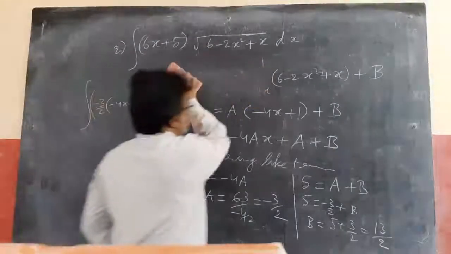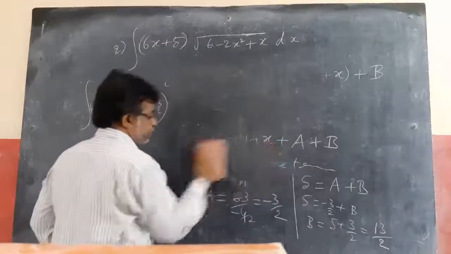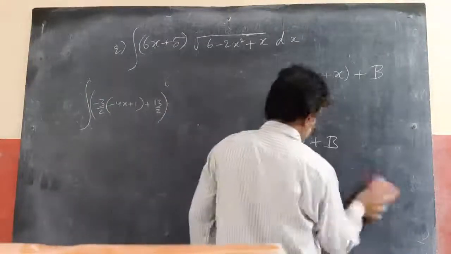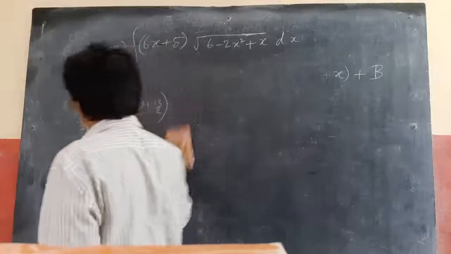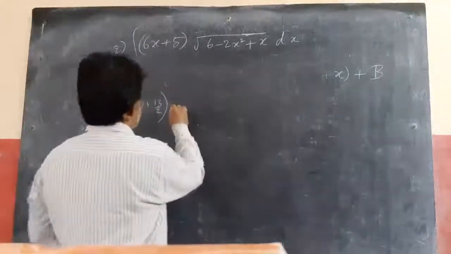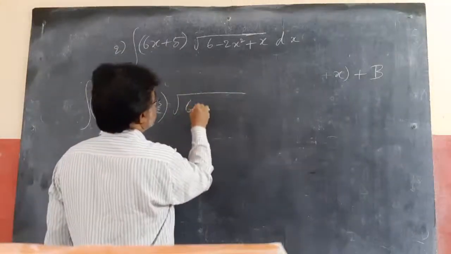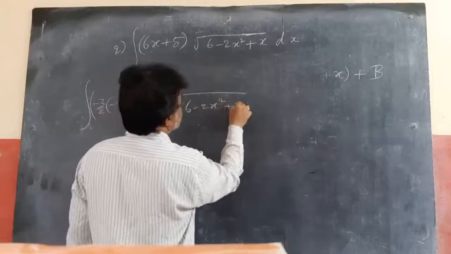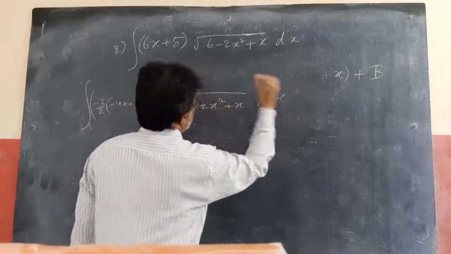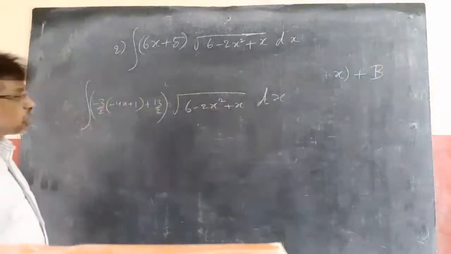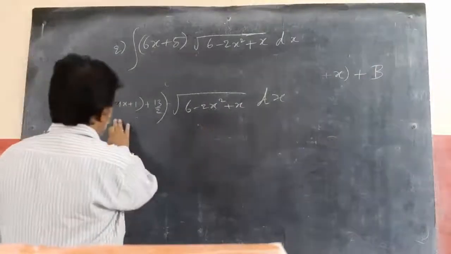The remaining part, square root of 6 minus 2x square plus x dx. So the remaining part I wrote as it is. Now open the brackets.